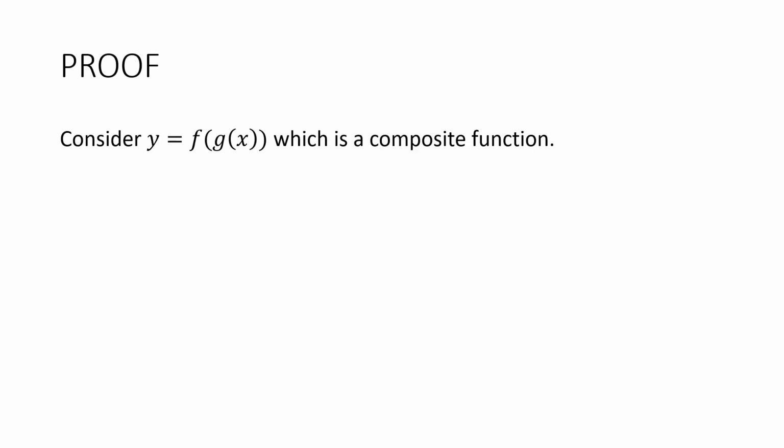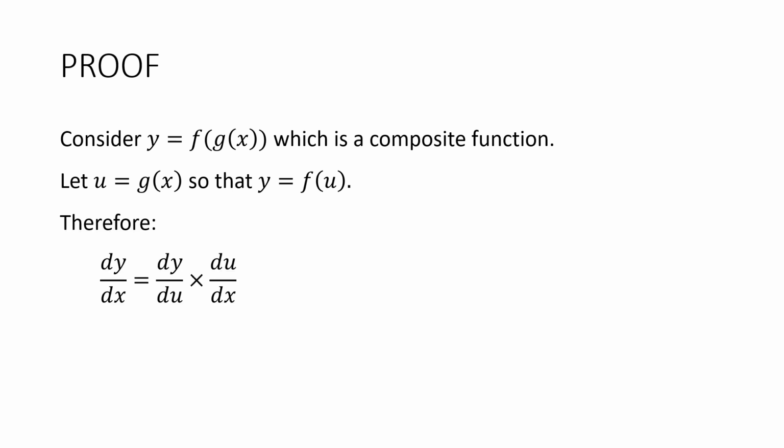Now the proof is really easy. Let's consider y is equal to f of g of x, which is a composite function. Now we're going to let u equal g of x so that y is equal to f of u. Now have a look at this. This is why it's called the chain rule, because it's kind of like a chain. We've got dy dx is equal to dy du times du dx.